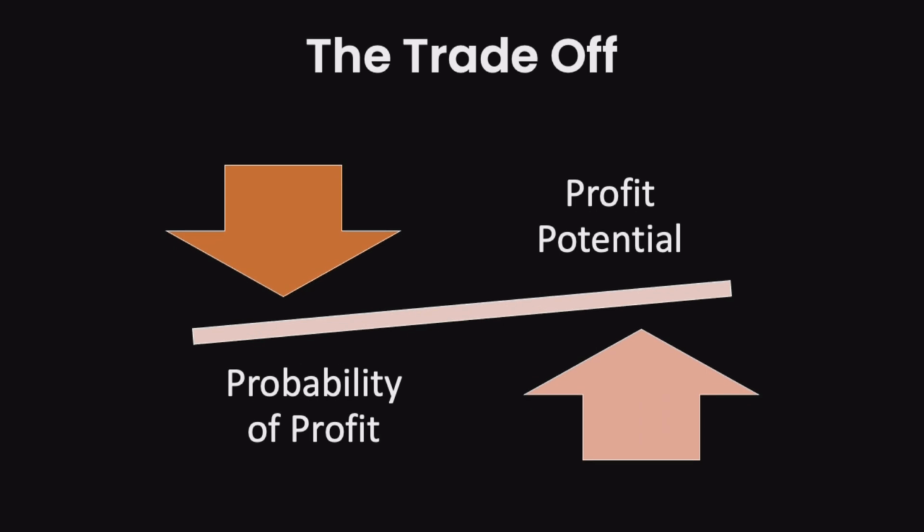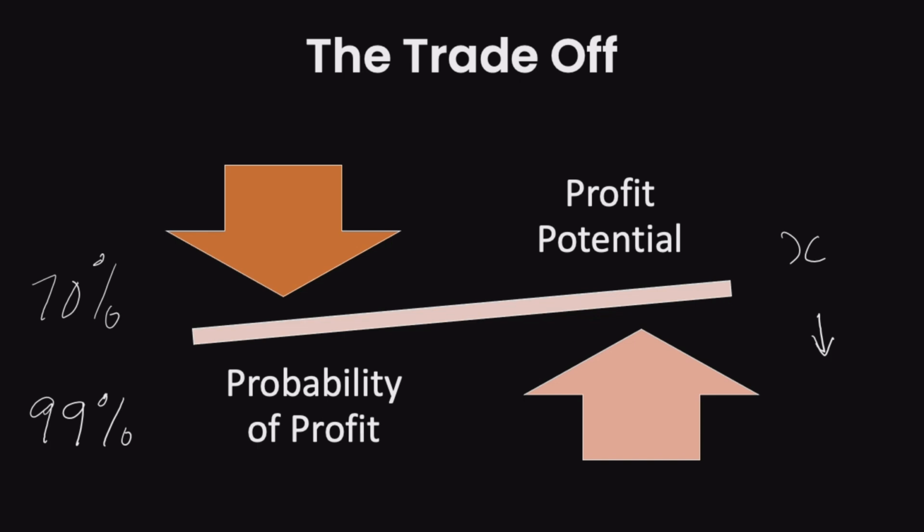The second trade-off is between the profit potential and the probability of profit. So if you have a probability of, let's say, 70%, you have X amount of profit potential. When this probability of profit increases, suppose you go to a probability of profit of 99%, almost a certainty, this X will tend to decrease. So your profit potential will decrease as your probability of profit goes up.